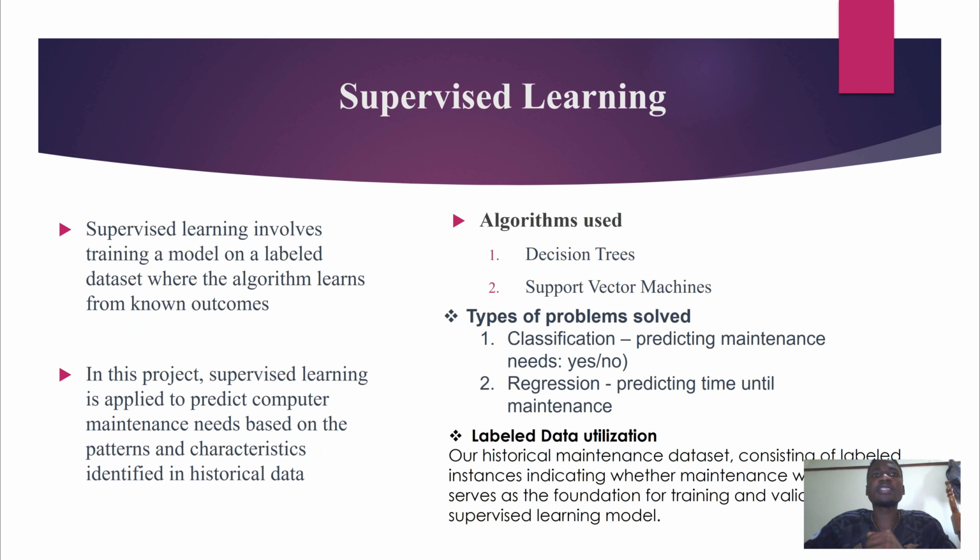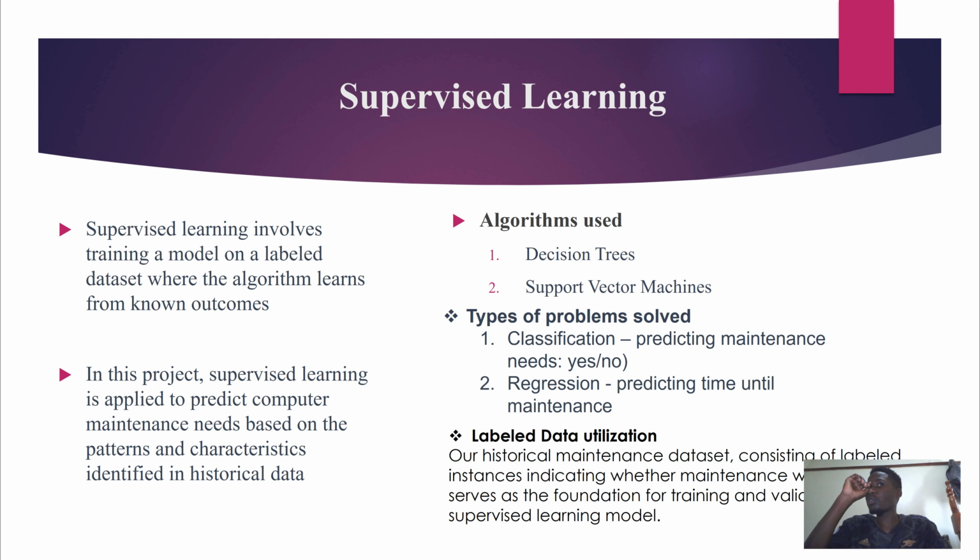Supervised learning involves training a model on a labeled data set where algorithms learn from known outcomes. Literally, if it is a computer system, there is a problem that keeps on running and gives an outcome that is not desired.